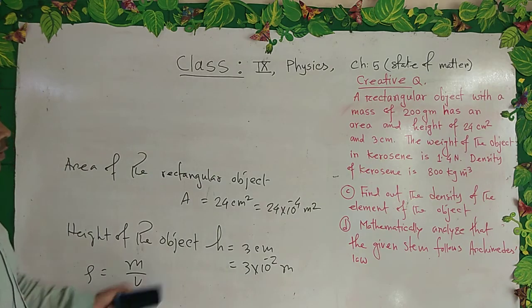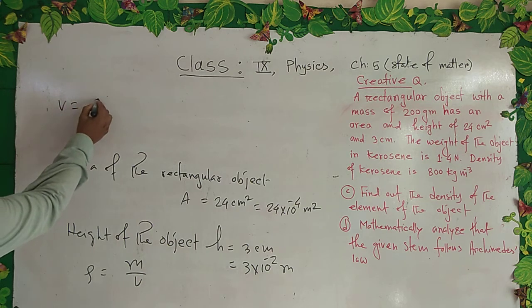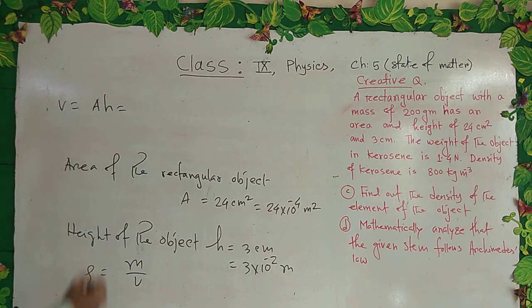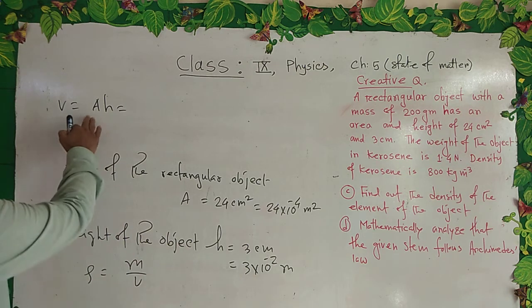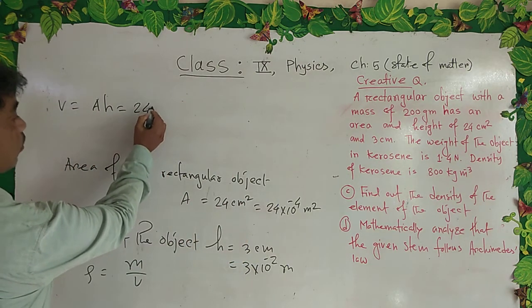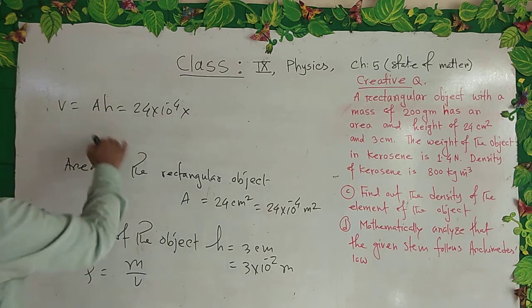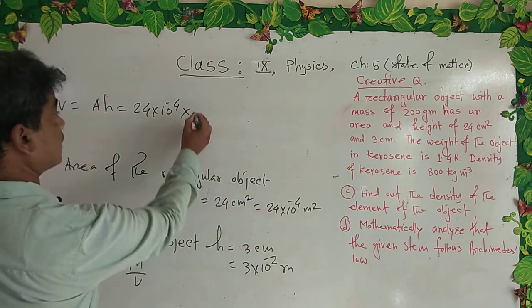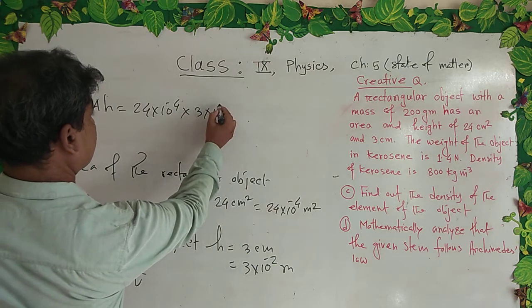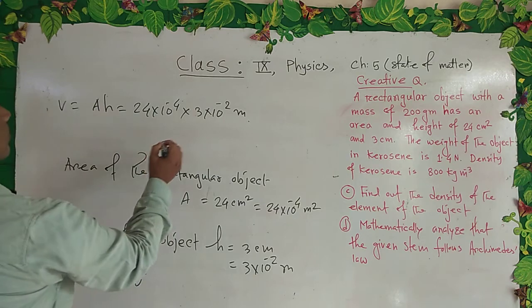Now we should find v. V equals area into height, you know that area into height gives volume. Area is 24 into 10 to the power minus 4, height is 3 centimeter, that is 3 into 10 to the power minus 2 meter.